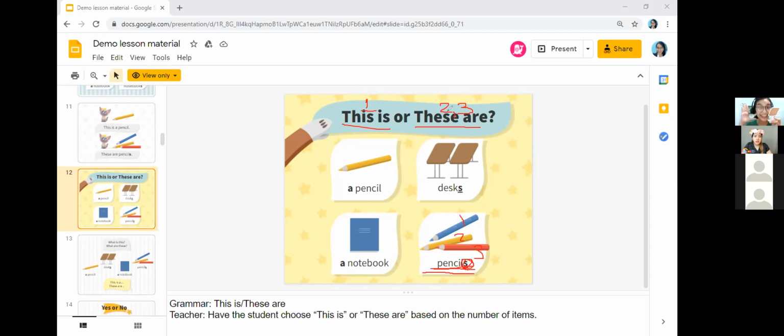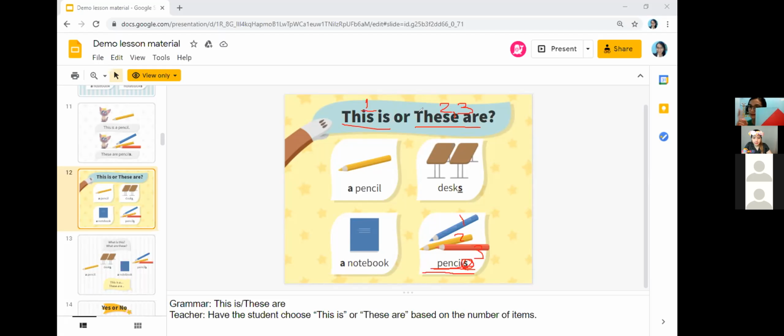This is desk. This is a desk. This is a desk. Good job. This is a desk. This is a desk. Good job. Ina. One, two.